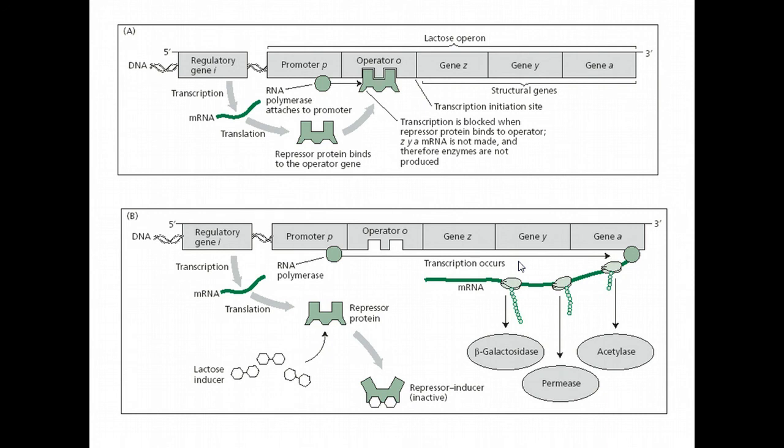When we add lactose, the lactose binds to the repressor in such a way as to warp it to where the repressor can no longer fit on the DNA. Okay? So, the bottom line is we have these bacterial cells growing in sucrose or glucose, so they don't need the enzymes to break lactose down. That would be a waste of energy.